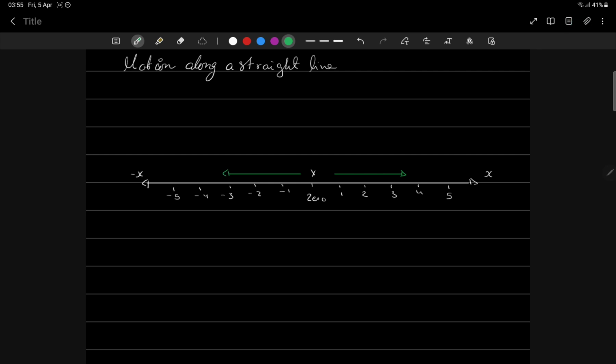And so whenever this particle is undergoing a motion, we're going to have two values for x. We're going to have the x1, which is the position where it started, and x2, the position where the movement has ended.